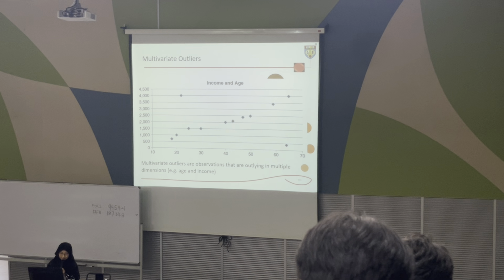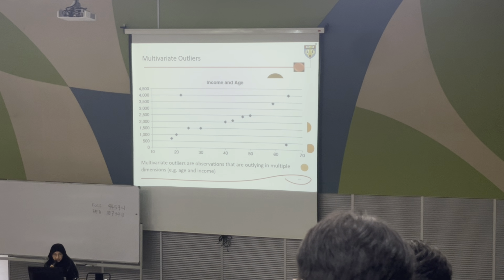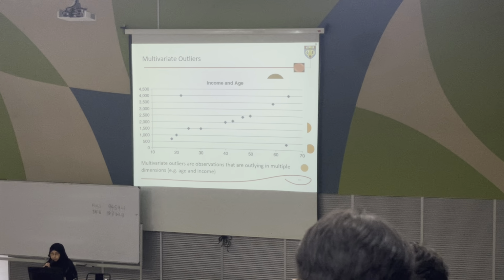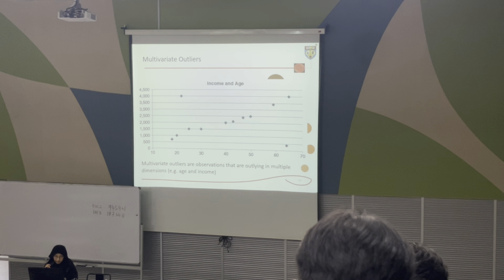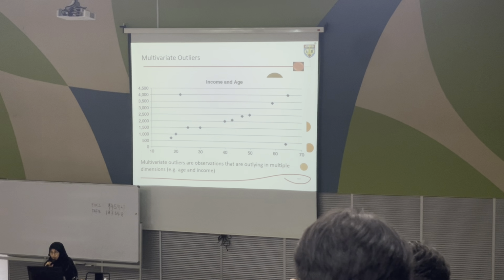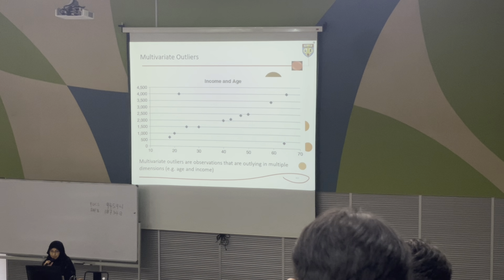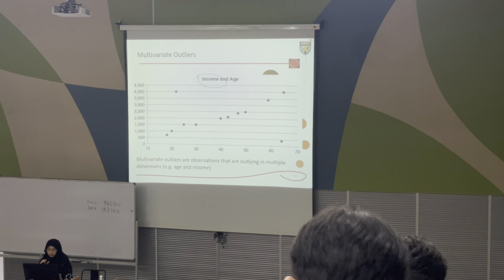Okay, and then the next one we have multivariate outliers. Multivariate here means the variables or features that are more than 2. For example, if in your data set you only have information or records about income, that one is considered univariate.